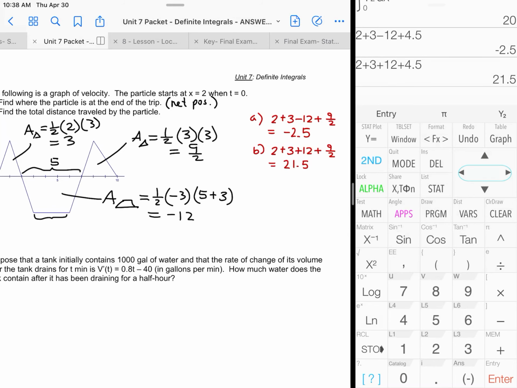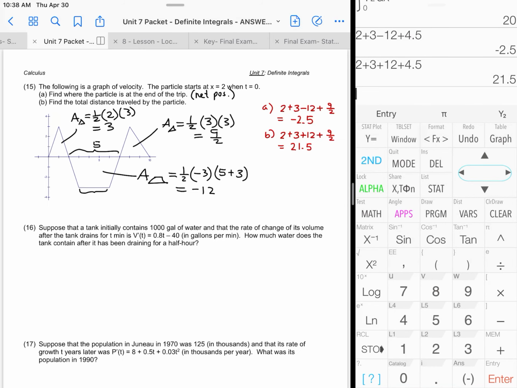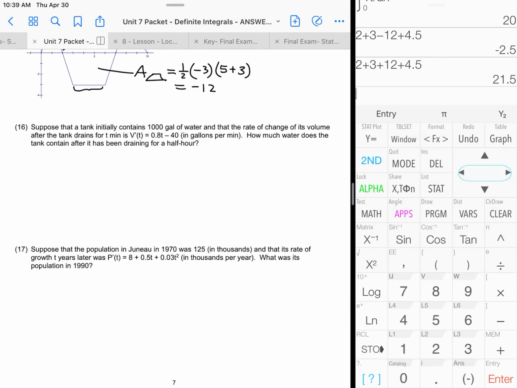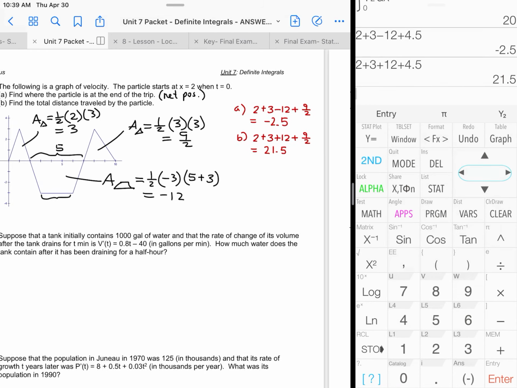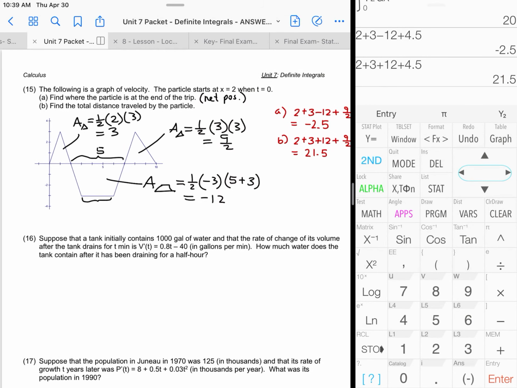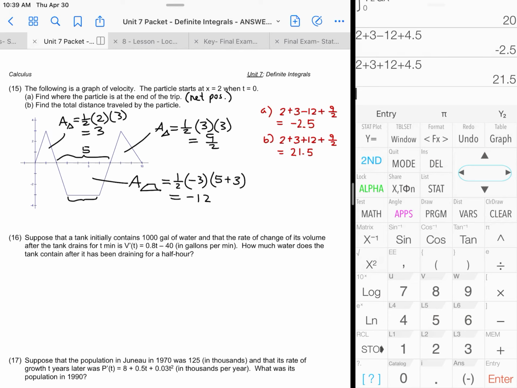Actually, it would be 4.5 steps behind position 0, because it started 2 steps ahead. But it did take a total of 21.5 units worth of steps. So it had some substantial movement to not really go too far.